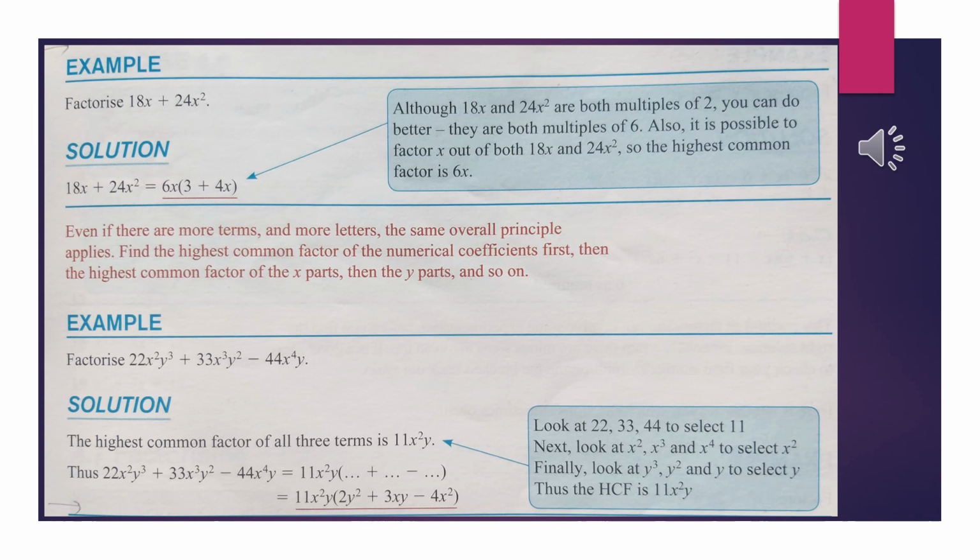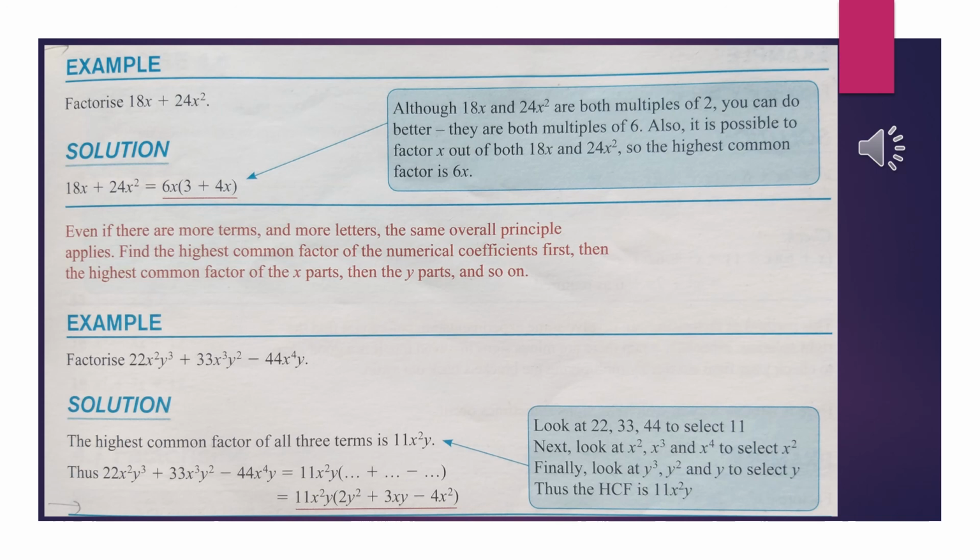Even if there are more terms and more letters, the same overall principle applies. First find the highest common factor of the numerical coefficients, then the highest common factor of the x parts, then the y parts, and so on.